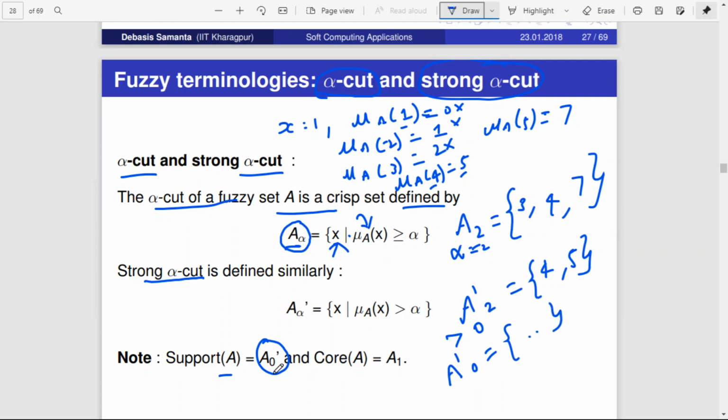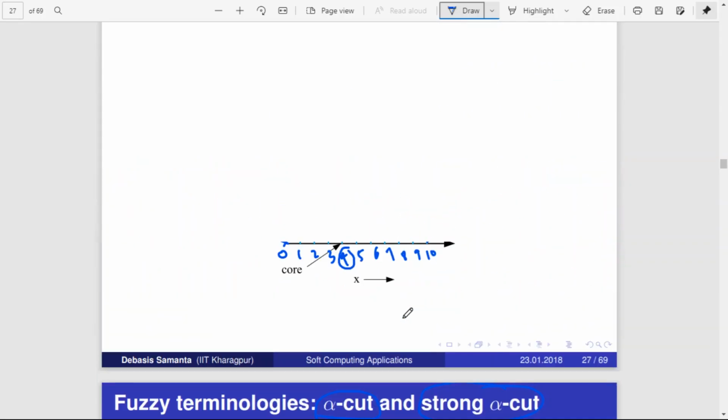So support of A can also be called strong alpha cut of 0. Similarly, core of A is equal to A1. So what is core of A? Core represents all values of x whose membership function is greater than or equal to 1.